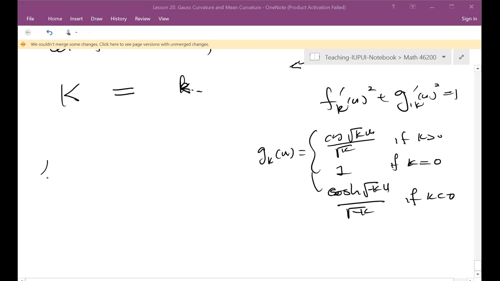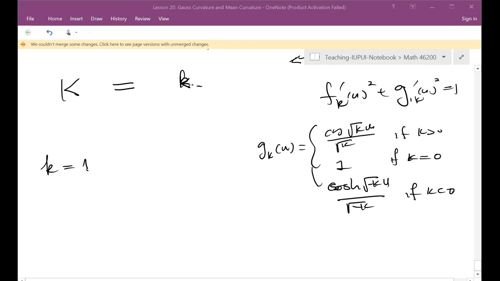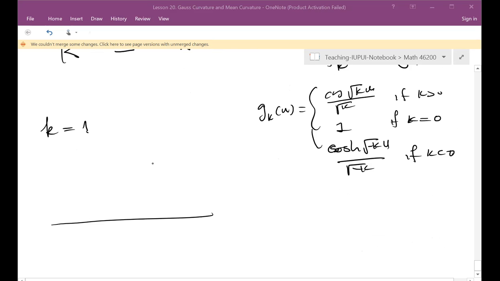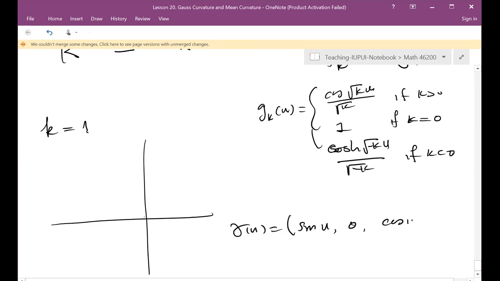Now let's take a look at the case when k equals 1. When k equals 1, the curve depends on the value of u, right? So in this case, gamma(u) equals (sine u, 0, cosine u).